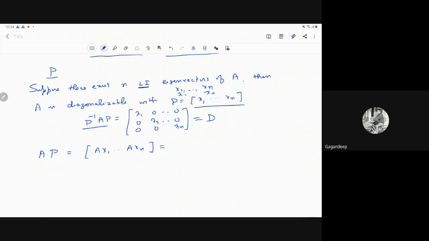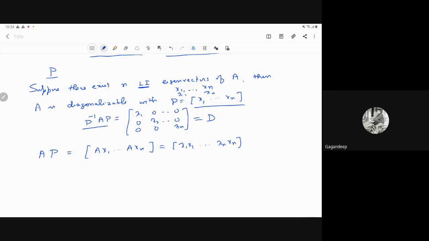Now Ax1 can be replaced by lambda 1 x1, and so on. Axn can be replaced by lambda n xn. Why?